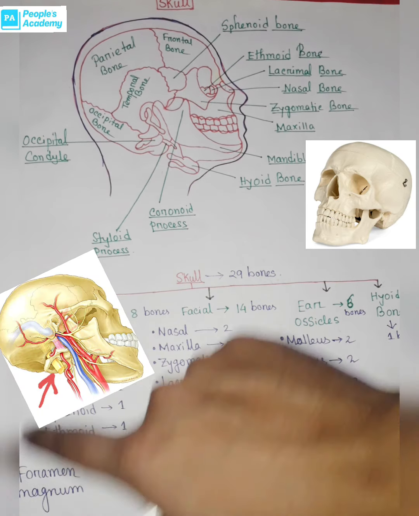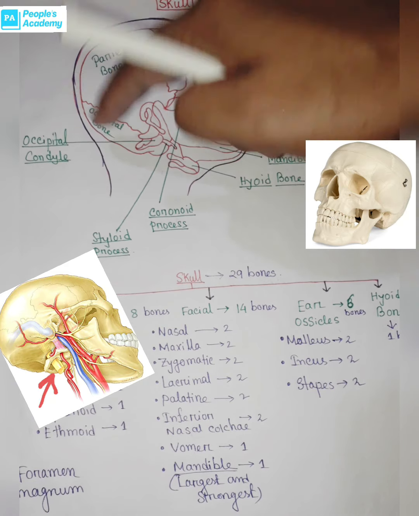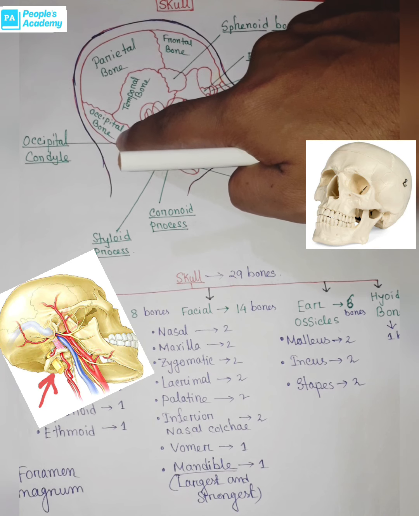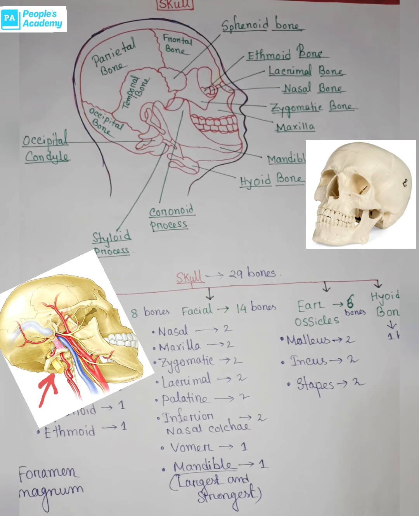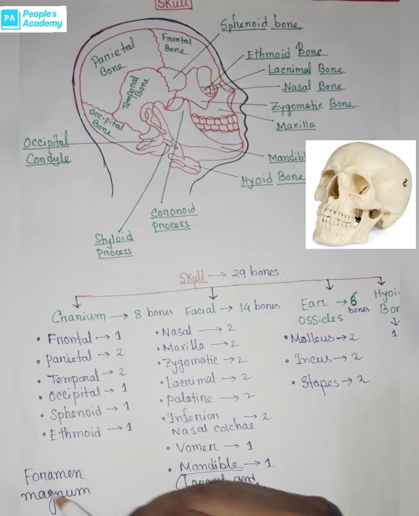Through the foramen magnum, the brain maintains communication with the spinal cord. Remember this point, this is a very important point, the foramen magnum.